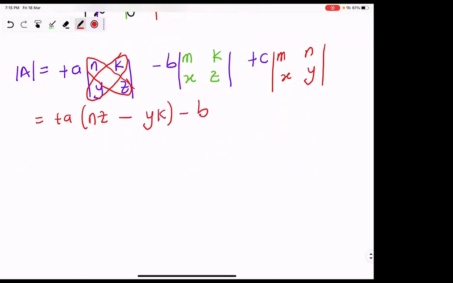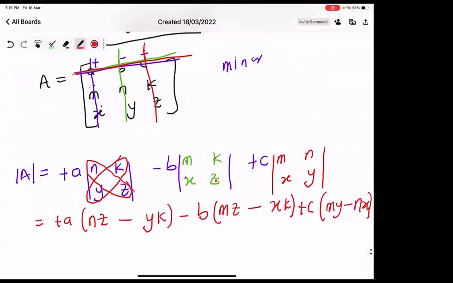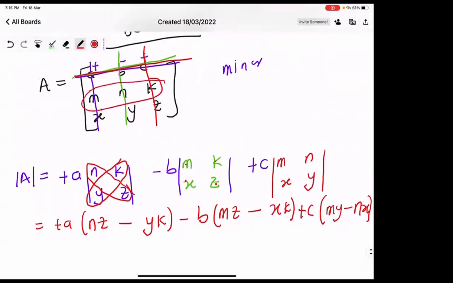Then minus B times MZ minus KX. Then plus C times MY minus NX. That gives us the determinant of the 3 by 3. If someone picks the second or third row, or the first, second or third column, they should get the same answer.